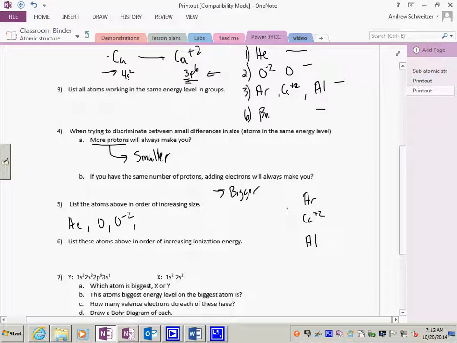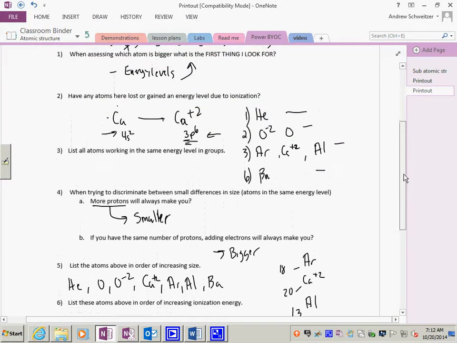Argon has 18, calcium has 20, and aluminum has only 13. So the smallest is calcium plus 2, then argon, then aluminum, followed by the last one, barium.